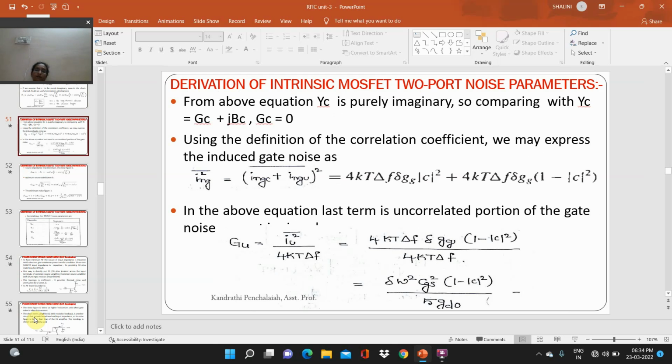From the above equation, Yc is purely imaginary, so comparing with Yc equal to Gc plus jBc, Gc is equal to 0.